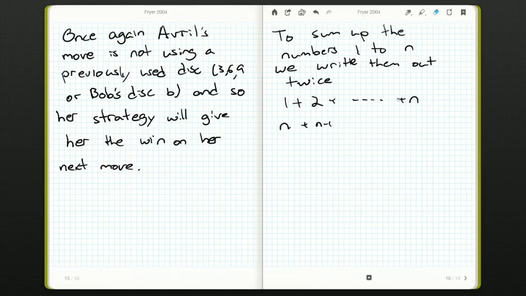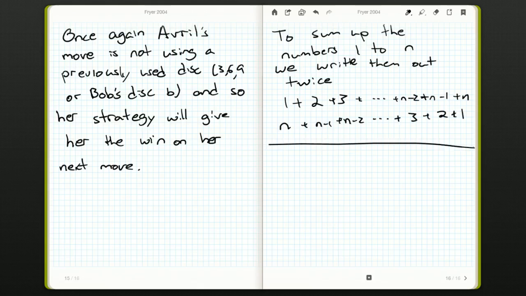We'll add a little more to our example. So that's plus 3, and then this one's plus n minus 2, plus n minus 1, plus n. So counting down, that gives a 3, then 2, and then 1. So here we have the sum of the numbers 1 to n, but it's written out twice.